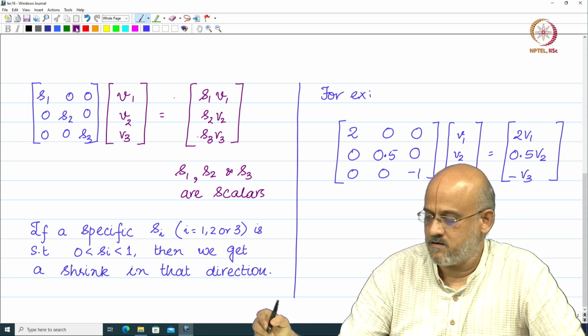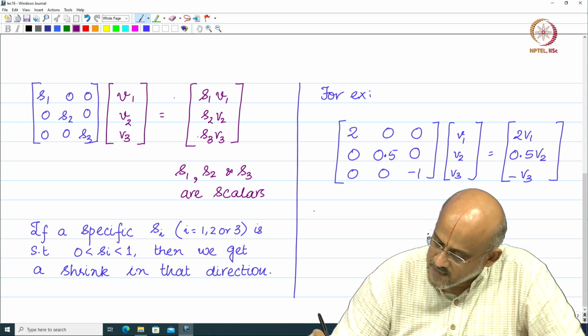So how are we going to interpret this? It says there is a stretch.